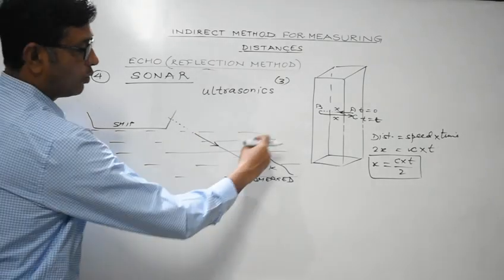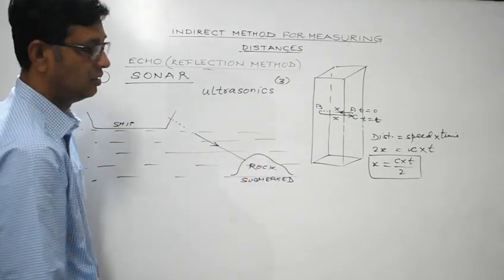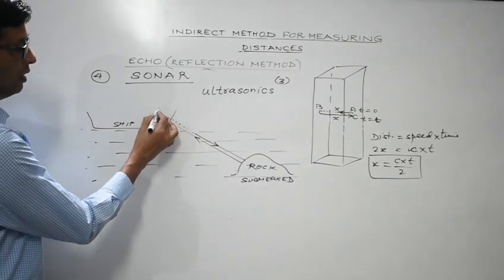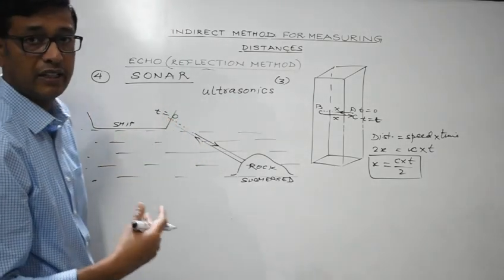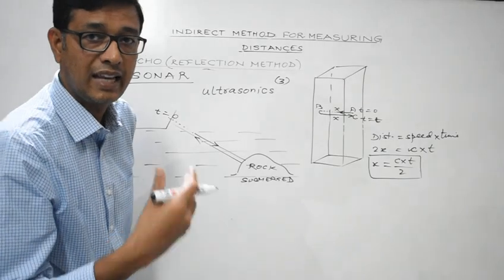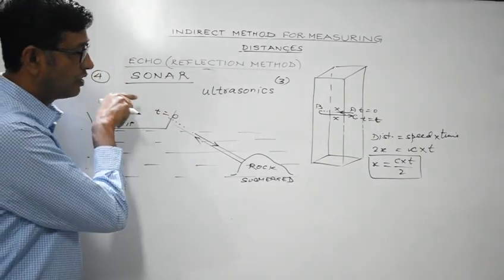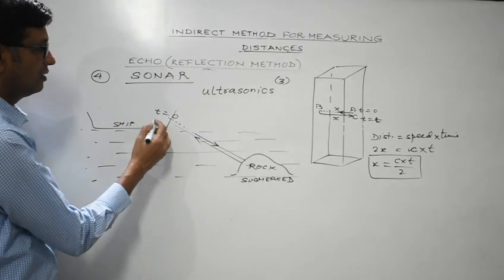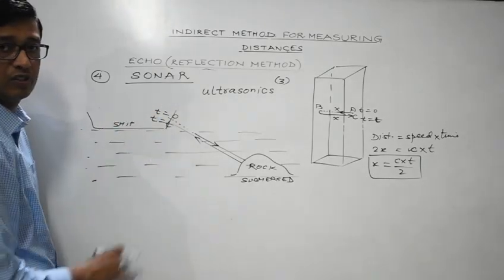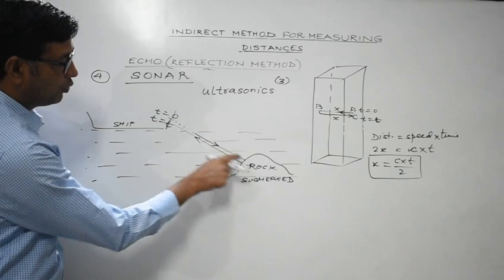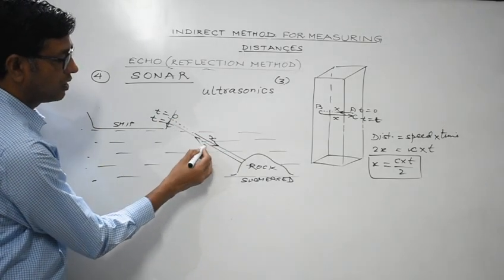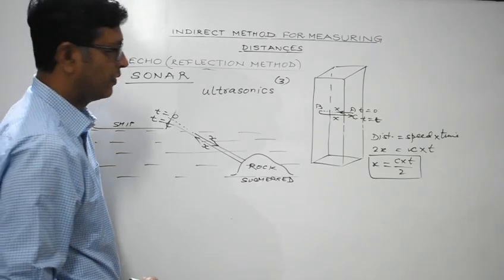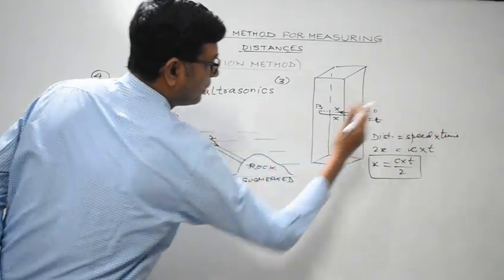When its path gets obstructed by this particular obstacle, it will get reflected back, isn't it? The time that has elapsed between the instant at which the ultrasonic is sent and the instant at which it is received back can be easily noted down, which is considered to be time t. Suppose the distance which the ultrasonic wave covers is x, and x again, so total distance is 2x. Again, using the same formula, distance is speed into time.